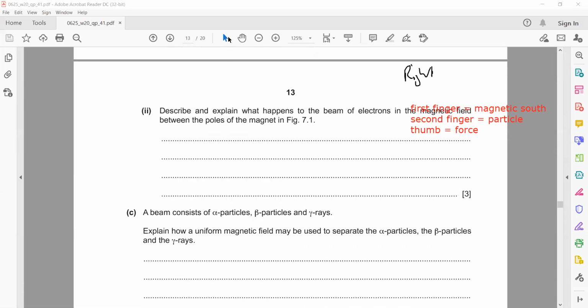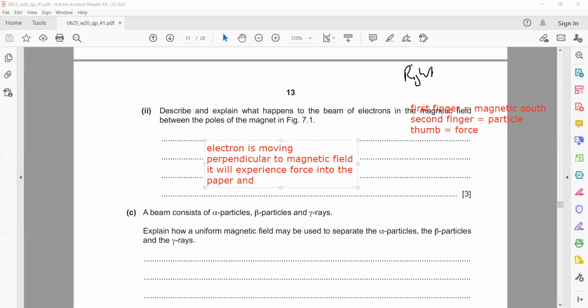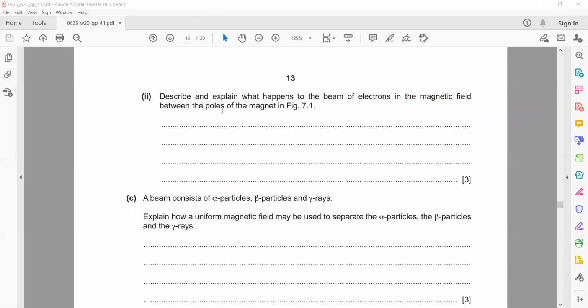So when you write what happens to a particle: the electron is moving perpendicular to the magnetic field, it will experience a force into the paper and move in a curved path. Whenever there's a magnetic field, the magnetic field causes a deflection, or you can also write that it can cause a deflection to the electron.